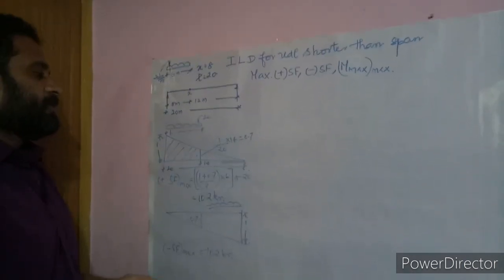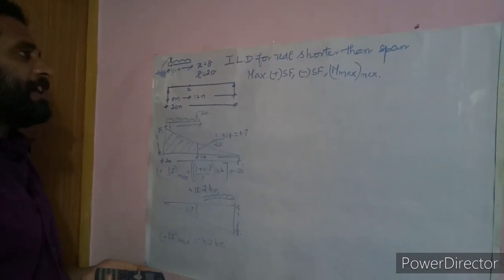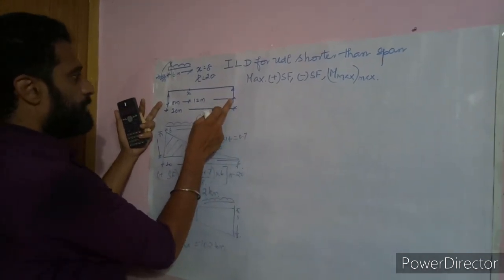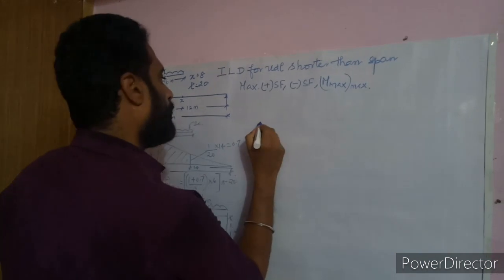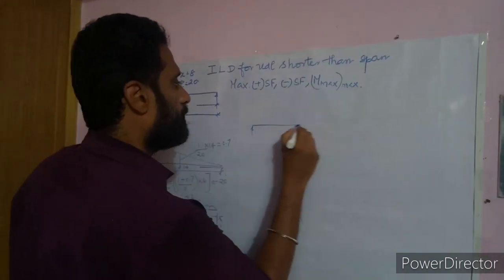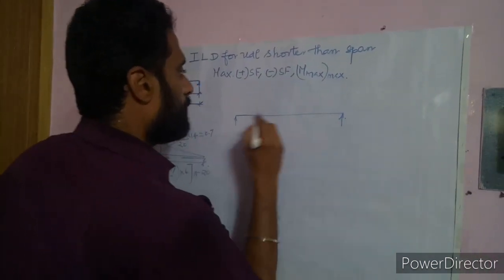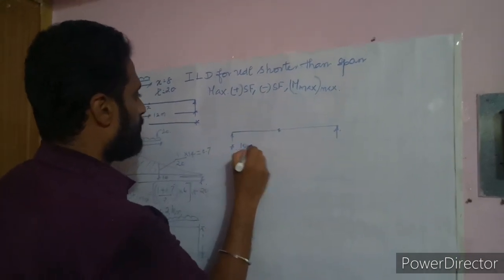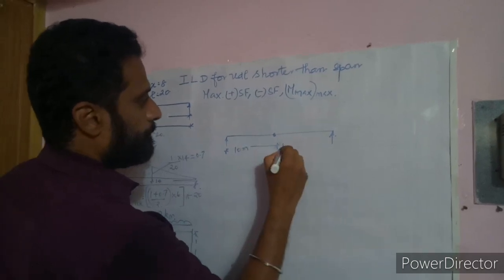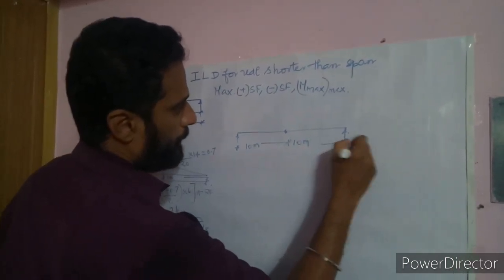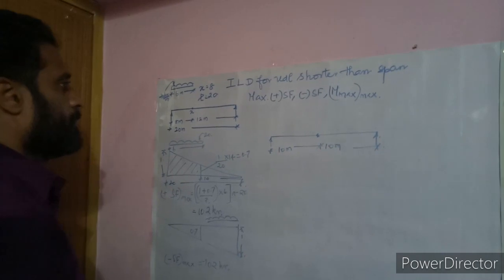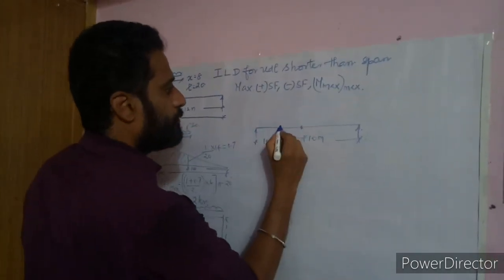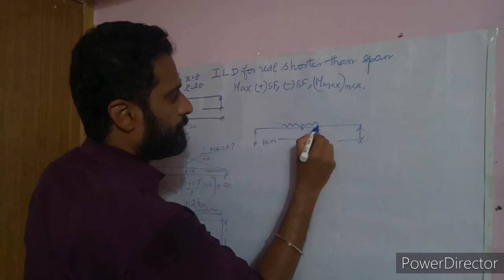That's all. For now calculating the absolute maximum bending moment, we know in a simply supported beam, the maximum bending moment will be at its center. So I am plotting the point at the center, which is 10 meter on either side. Now I also need to keep the 6 meter at the center, so which is 3 meter on either side.